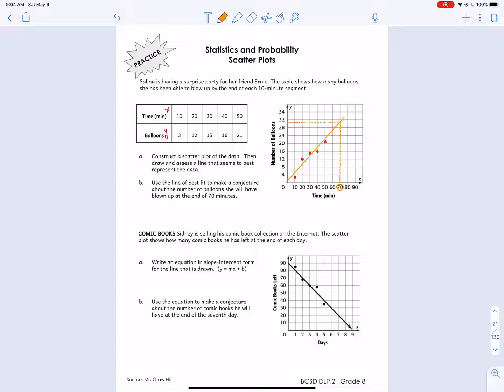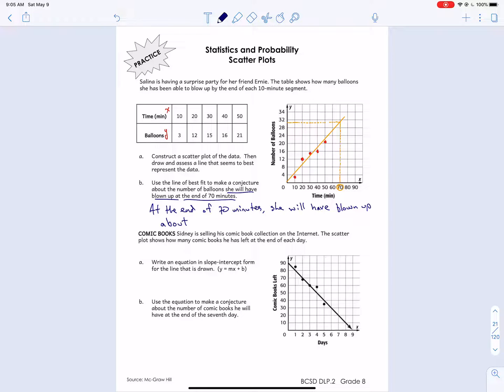So our answer then, just use the wording from the question: at the end of 70 minutes, she will have blown up, and use words like about or approximately because we don't know.